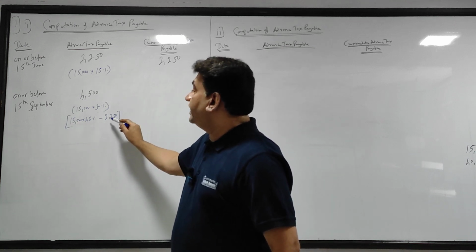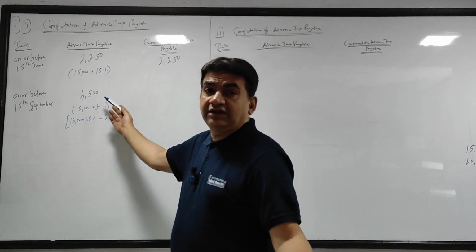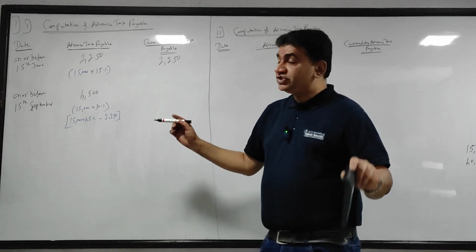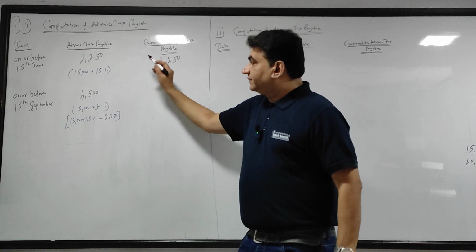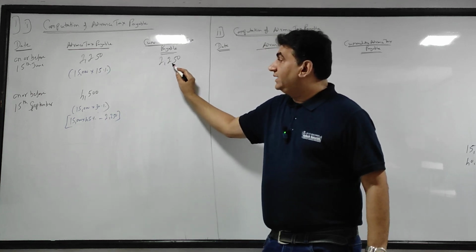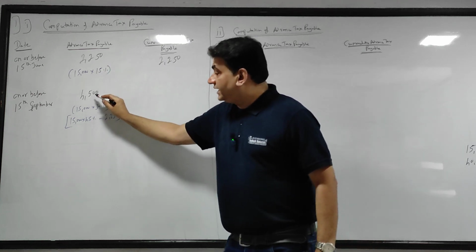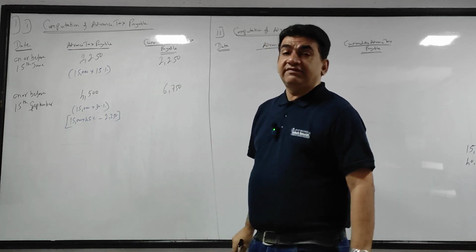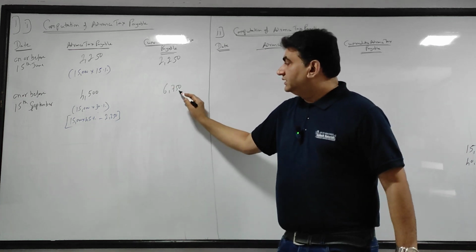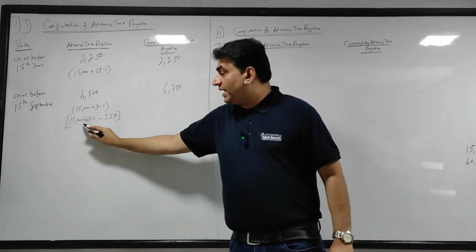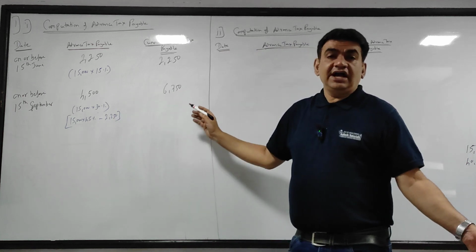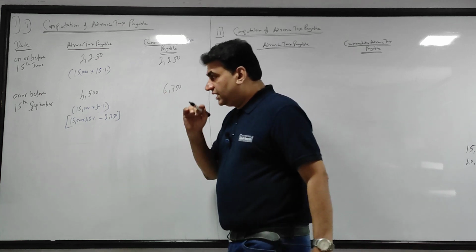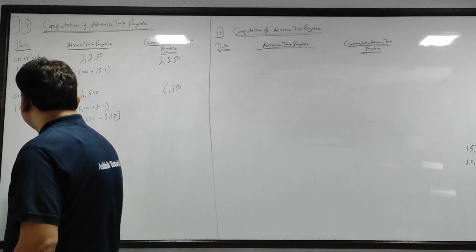Subtract 2250 from 6750, automatically it is 4,500. And when I say cumulative, cumulative means total. That means till this date I paid 2250, another 4,500. So add, 6750. Now check, this 6750 is automatically 45% of 15,000. Clear? Next.